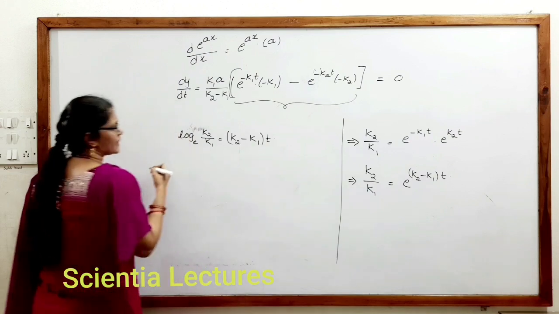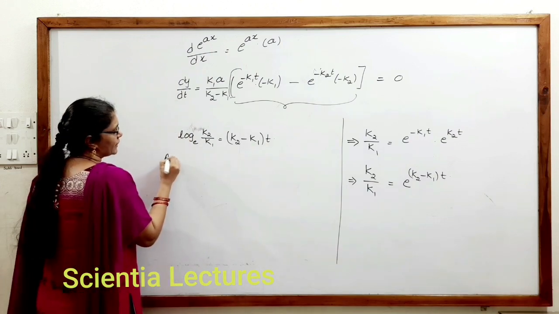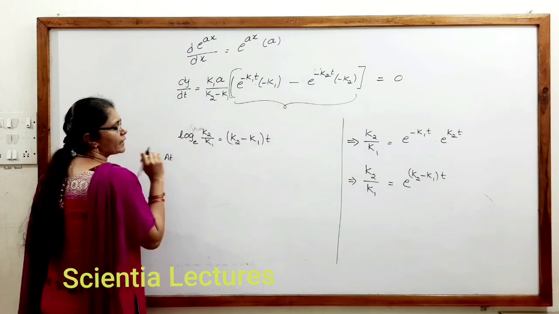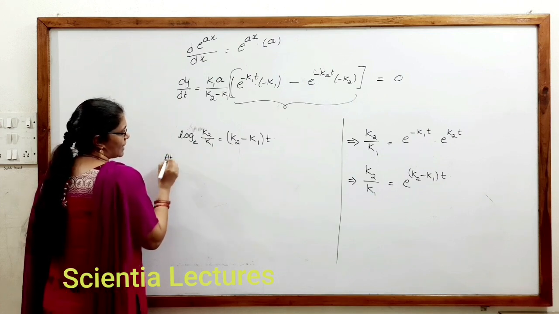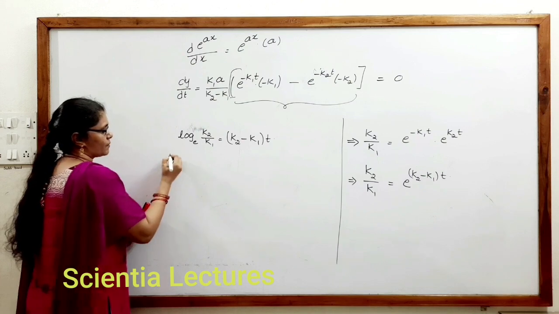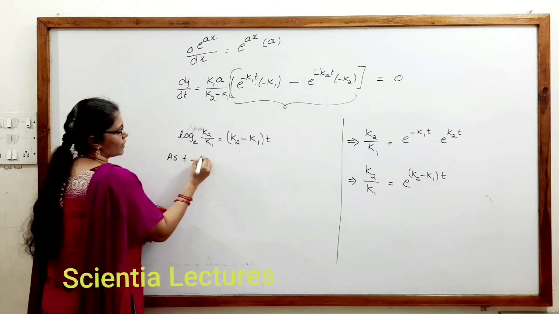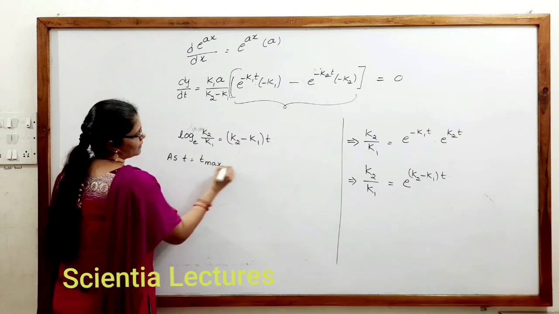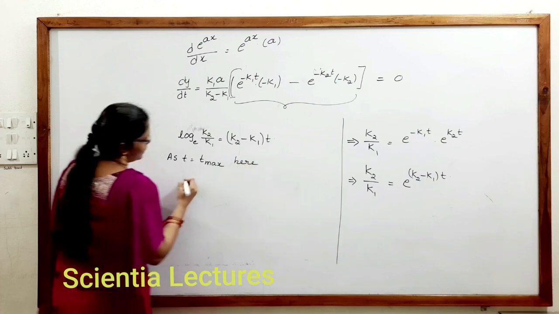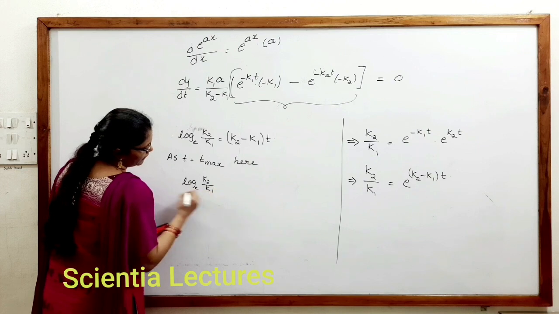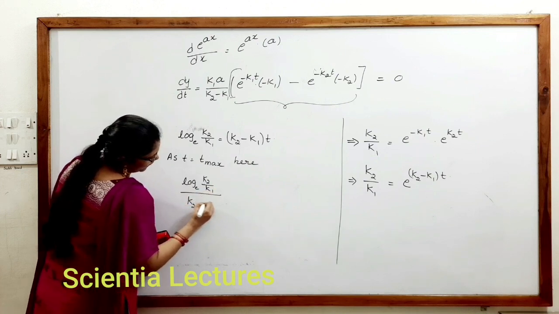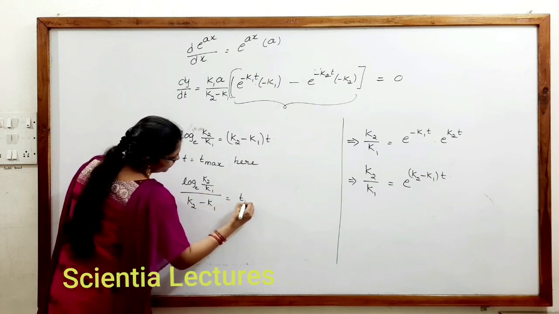At t max only we have taken dy by dt equal to 0. So by substituting t equal to t max here, what we will get? Log base e K2 by K1 by K2 minus K1 is equal to t max.